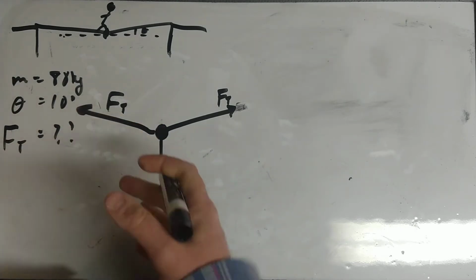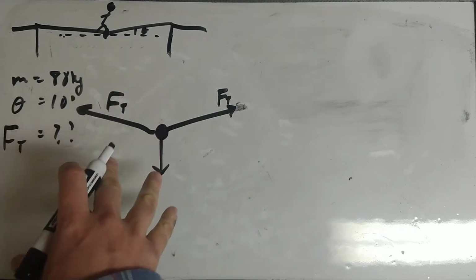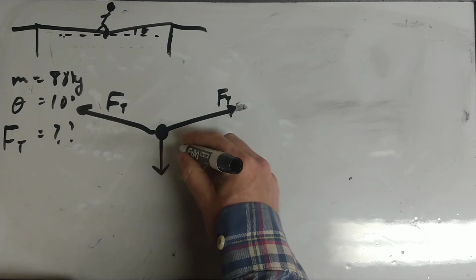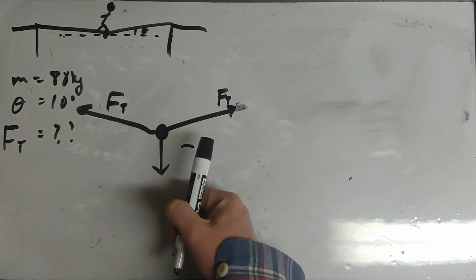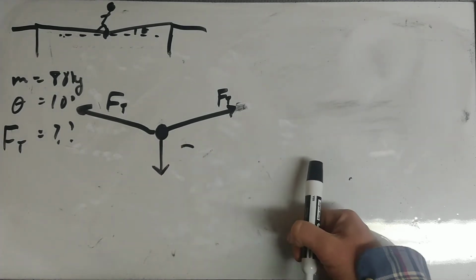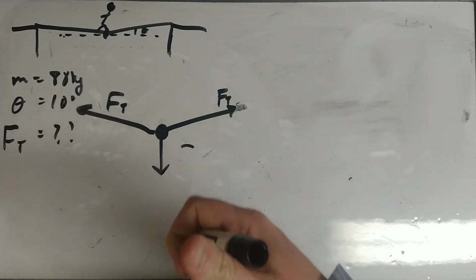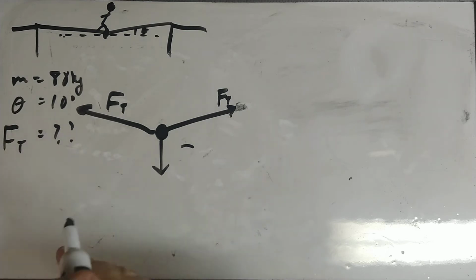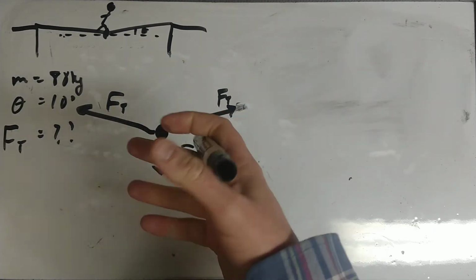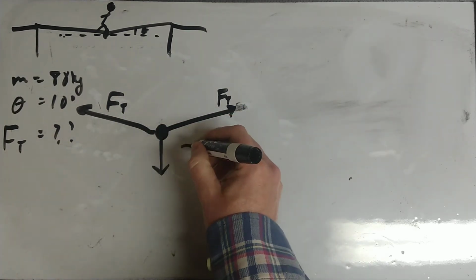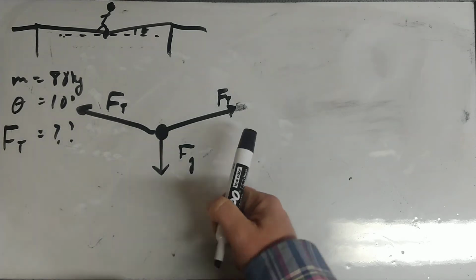The amount they're pushing down on the rope is equal to their weight. Now, I could make a force diagram of the person, and the rope pushes up on the person equal to their weight if they're not moving. Therefore, the person pushes down on the rope with their weight.